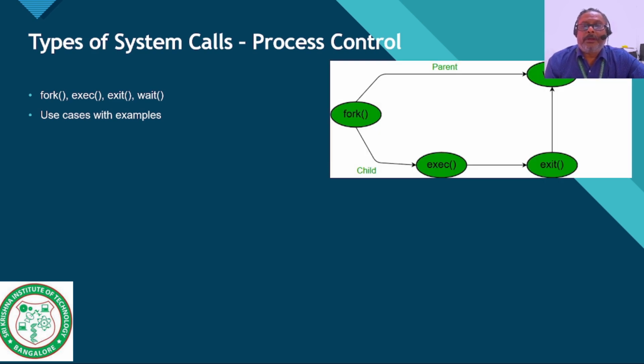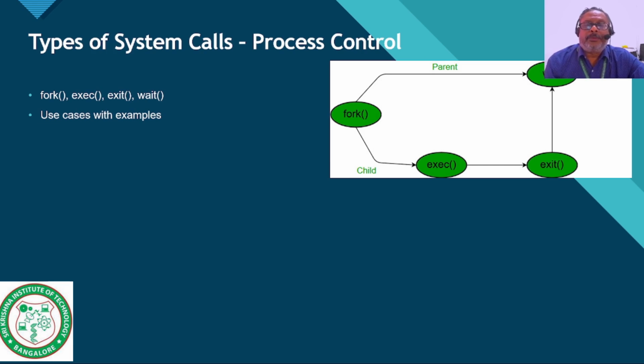Fork is a system call that creates a copy of a process. The original process is called the parent and a copy of the process is called the child.